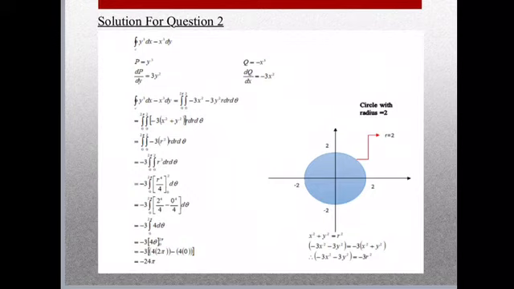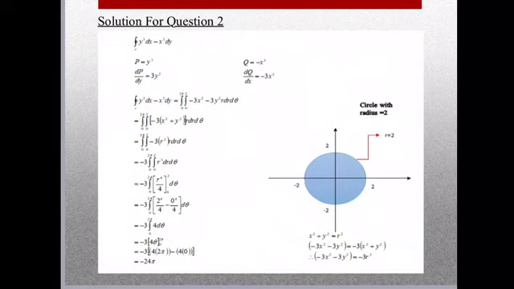Okay, first we substitute dP over dy and dQ over dx into the formula, and write down also the limits for dr d theta. So it will give us negative 3x squared plus y squared, times r dr d theta.